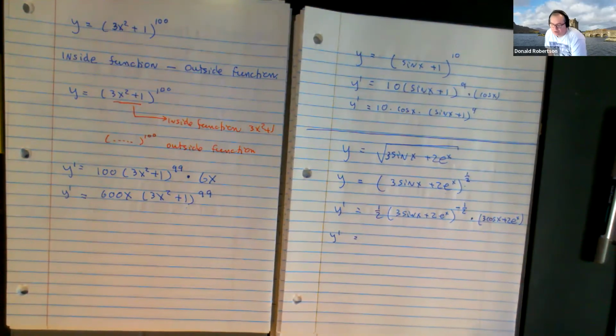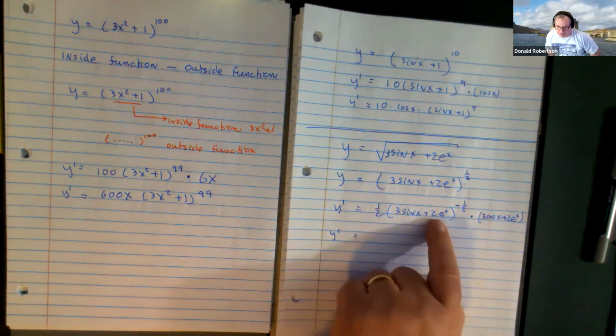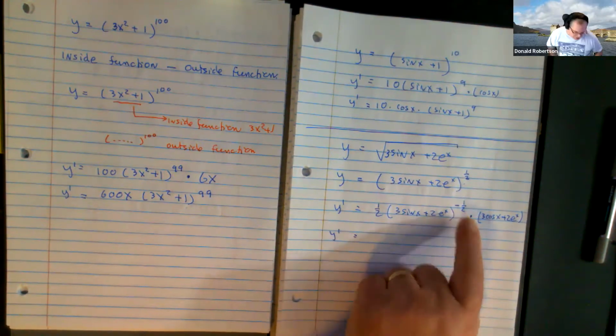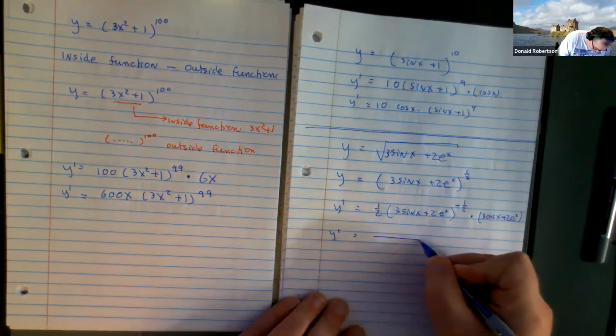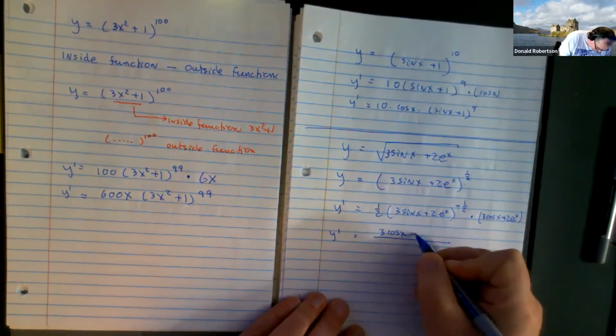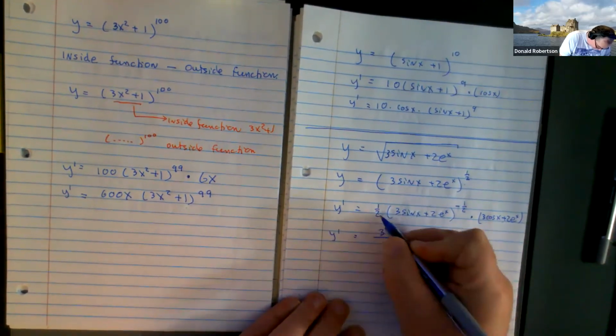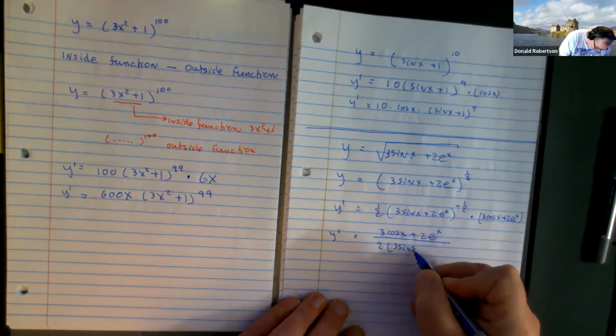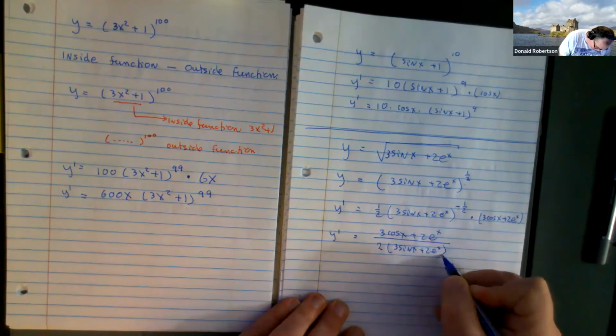What we're going to do now is make it look pretty. Style points. Now, I don't care what that looks like. It's still to the -1/2. So I'm going to have 3 cosine x plus 2e to the x. That 2 belongs downstairs. And this is now going to be that.